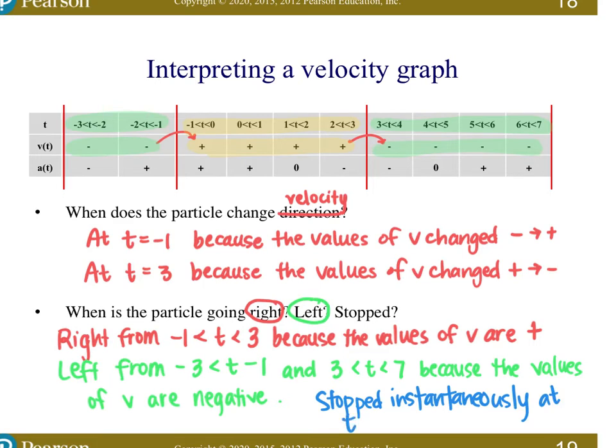And it's only stopped instantaneously at -1 and at 3. It's basically the same answer as the first question. When it changes velocity is the same time as when it stopped, because it's having to pause a moment, but it happens so fast you can't see it with the naked eye, but that's when it's changing its velocity.